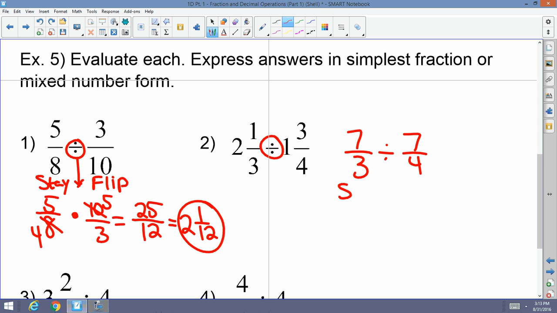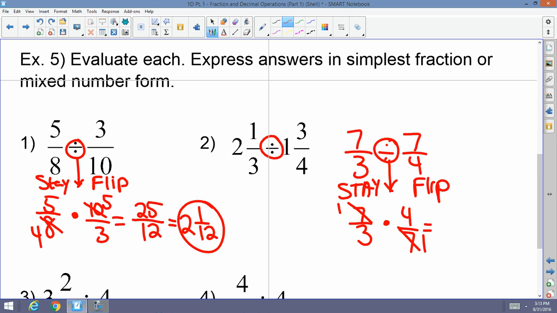Now, stay. First fraction stays the same. Change. Division changes to multiplication. Flip. Second fraction flips. 7 goes into 7 1 time. 7 goes into 7 1 time. I'm left with 1 times 4, numerator times numerator is 4, 3 times 1, denominator times denominator is 3, and that equals 1 1/3.